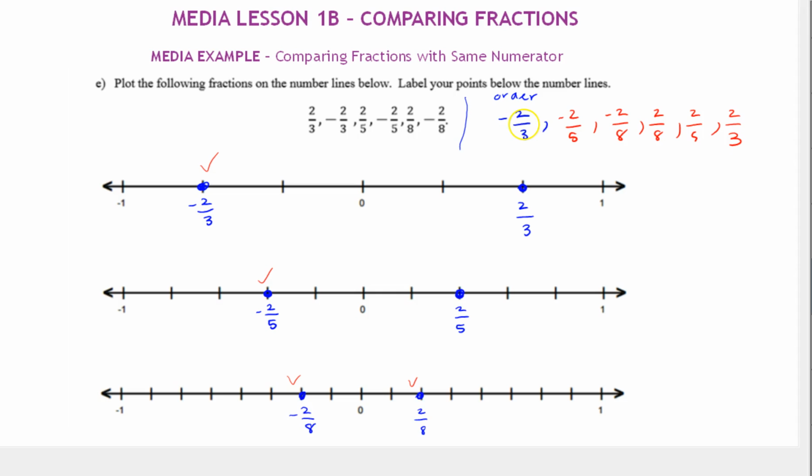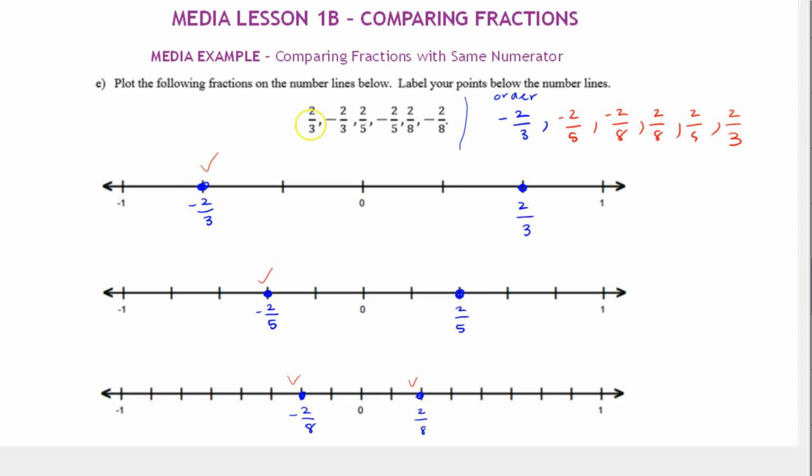Okay. So if we think of these as all having numerators of 2, these numbers are negative. In the negative direction, the larger the numerator is, the smaller the number is. And again, that's because 2/3 is larger than 2/5.